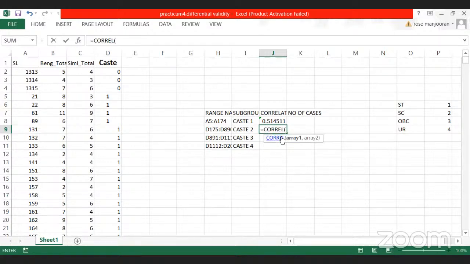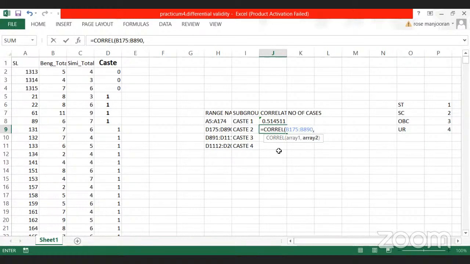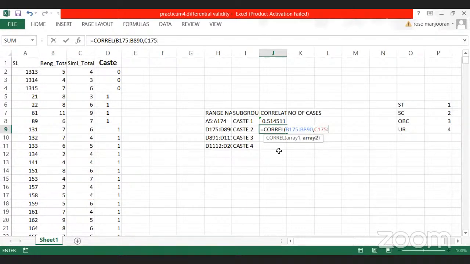Then for CAS 2, the range is from B175 to B890, then put a comma, C175 to C890. Then enter. You will get the correlation of Bengali total and similarity total with respect to CAS 2.